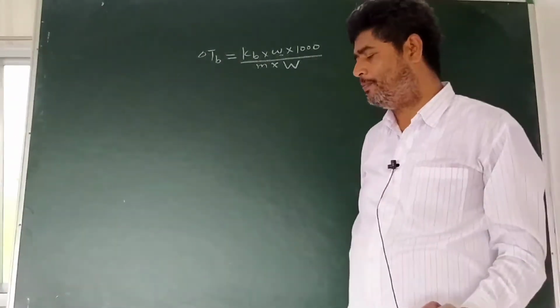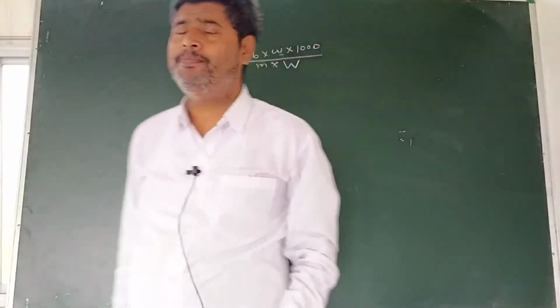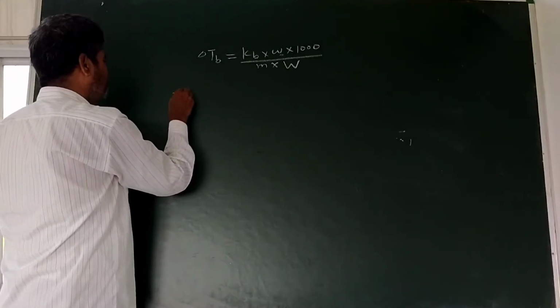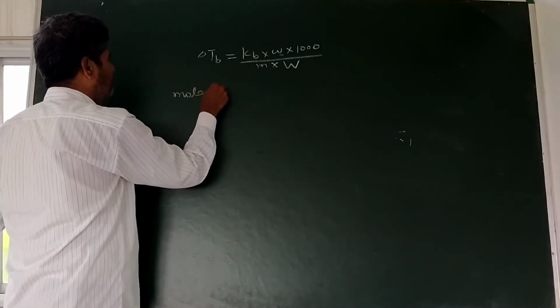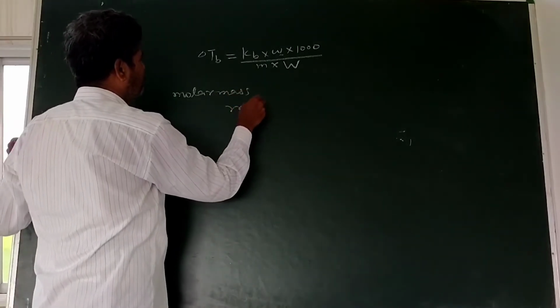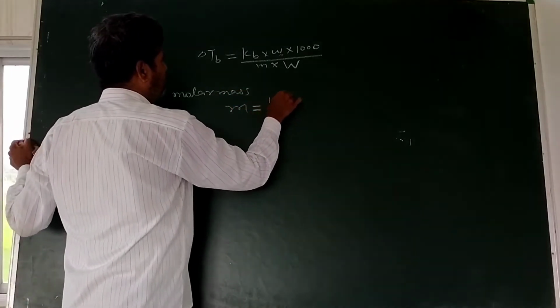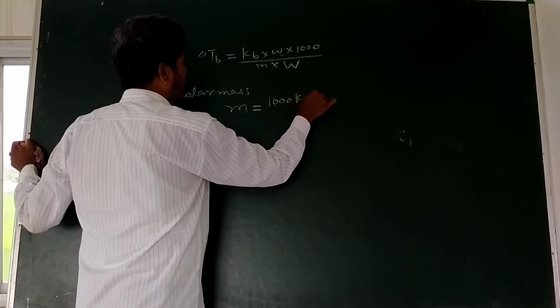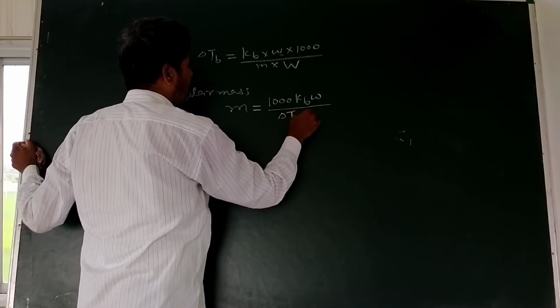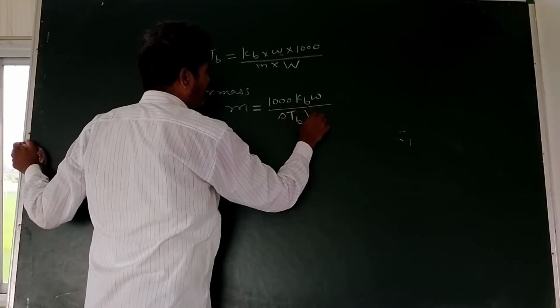In terms of molar mass m, this expression may be written as m is equal to 1000 Kb small w upon delta Tb into capital W.